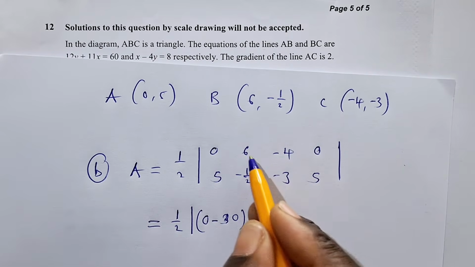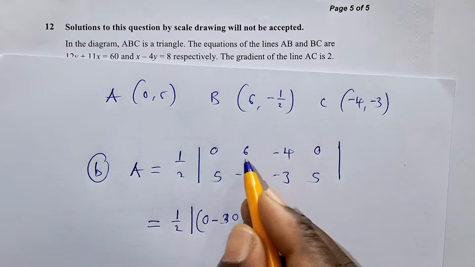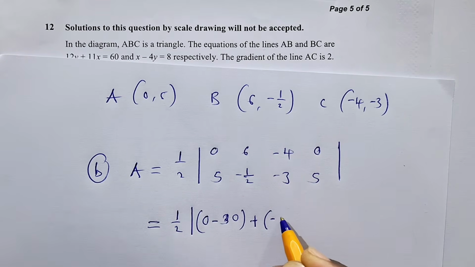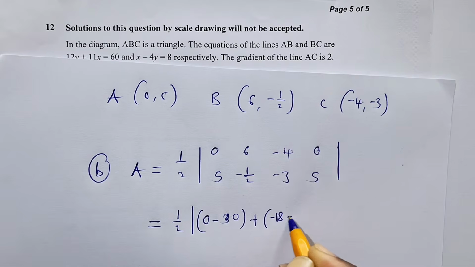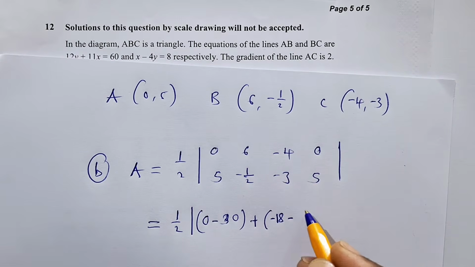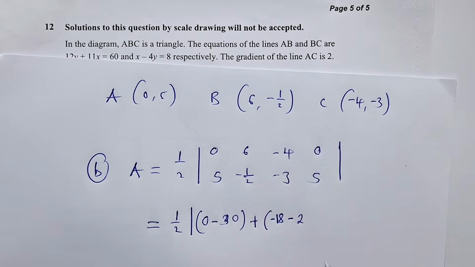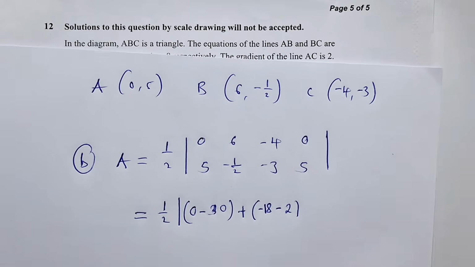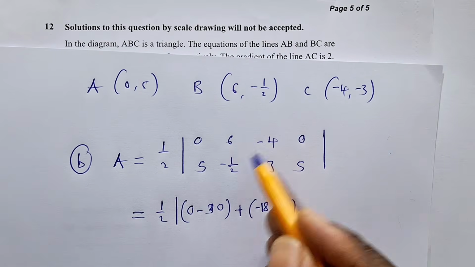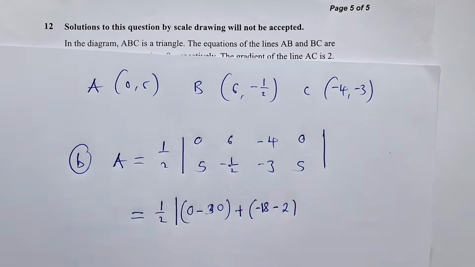Determinant of these two, this times this, it will give us a negative 18 minus. When we multiply here, it's a 2. Okay? Minus 2. I hope you're able to see. When we multiply negative 1 times negative 4, it will give us a positive 2.